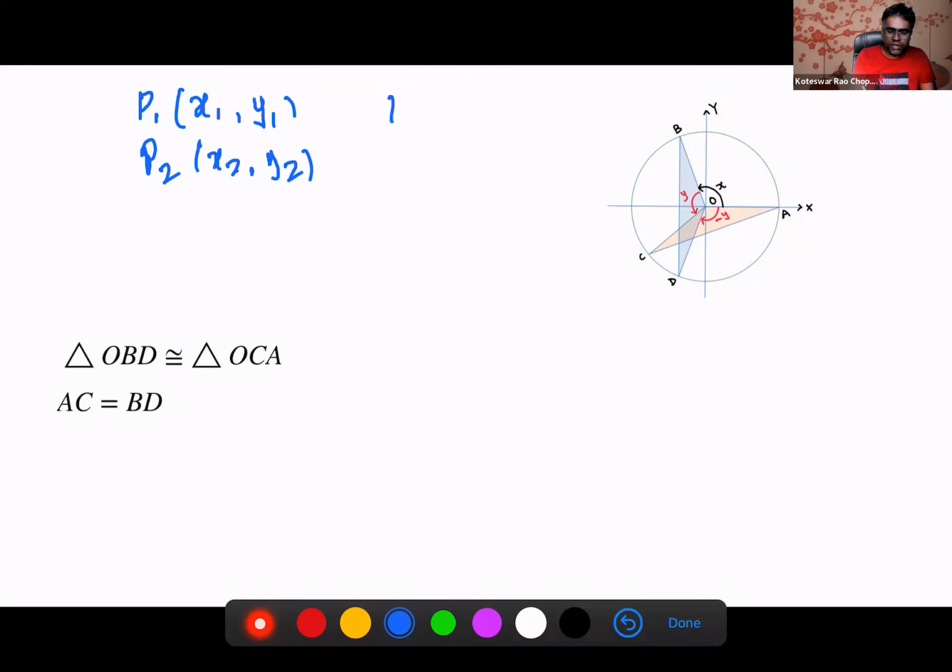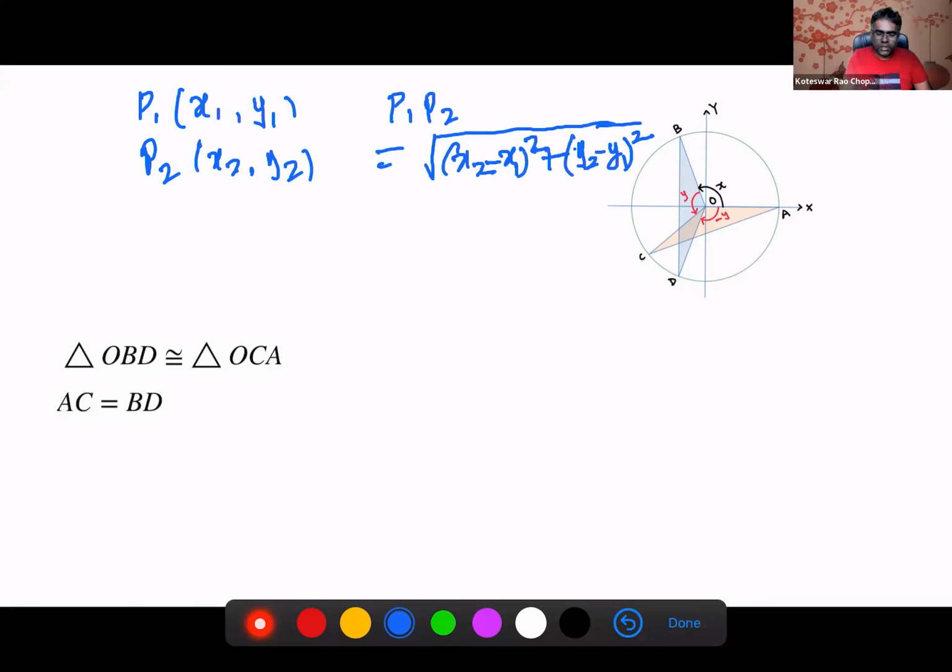The distance between these 2 points, P1 and P2, is the square root of (x2 minus x1) whole square plus (y2 minus y1) whole square. I'm assuming this is a known result. We are using this formula to get the distance between 2 points given their x and y coordinates, to get the proof done.